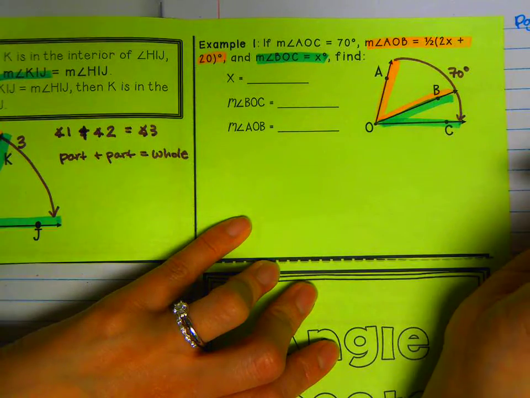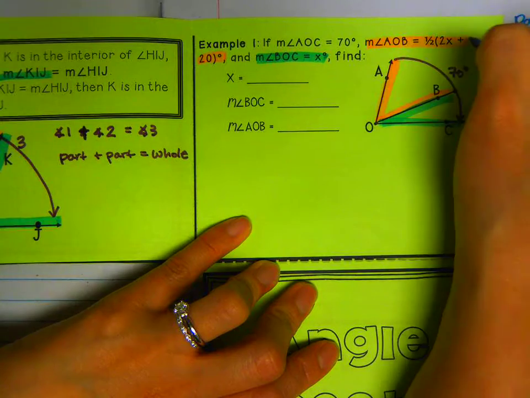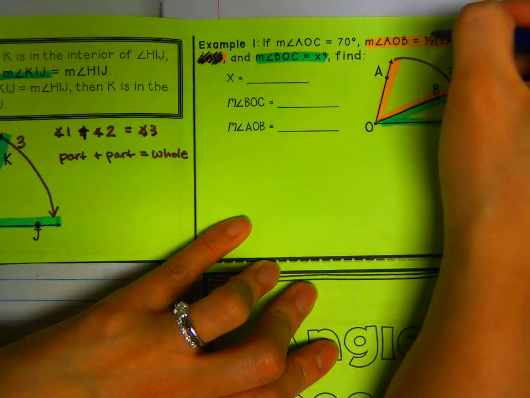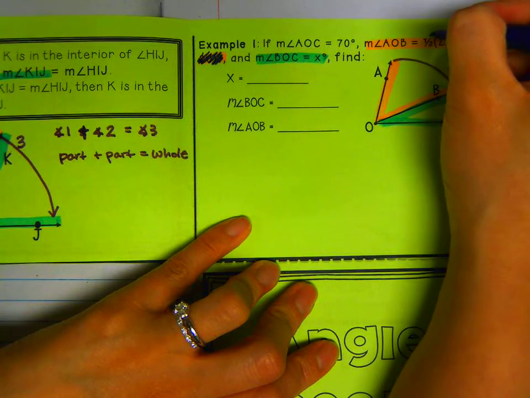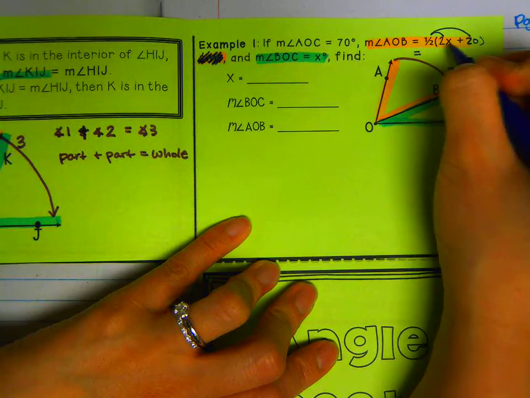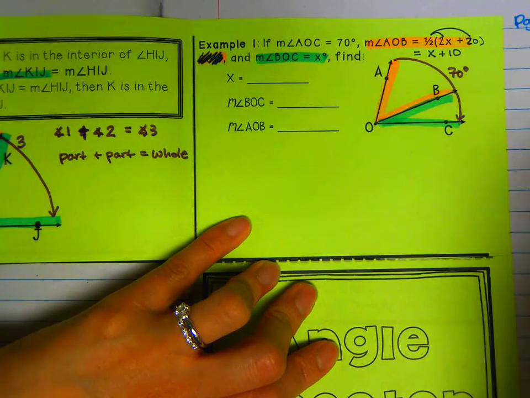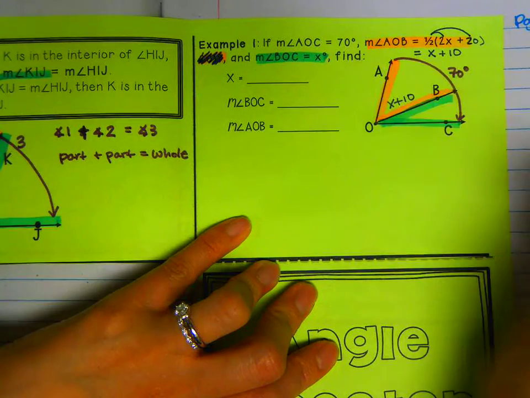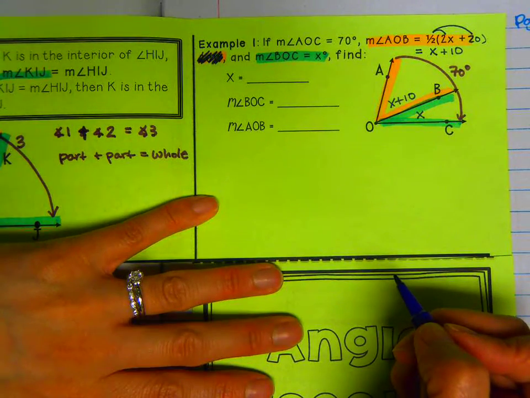Before we do that, we can simplify this expression: one half times 2x plus 20. I'm going to get rid of this, and we can use the distributive property to simplify. Half of 2x is x, and half of 20 is 10. So I can write angle AOB as x plus 10, and angle BOC is x.